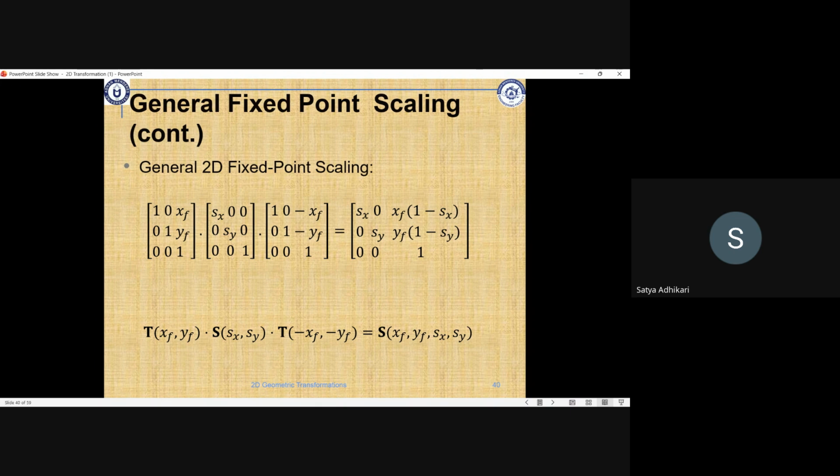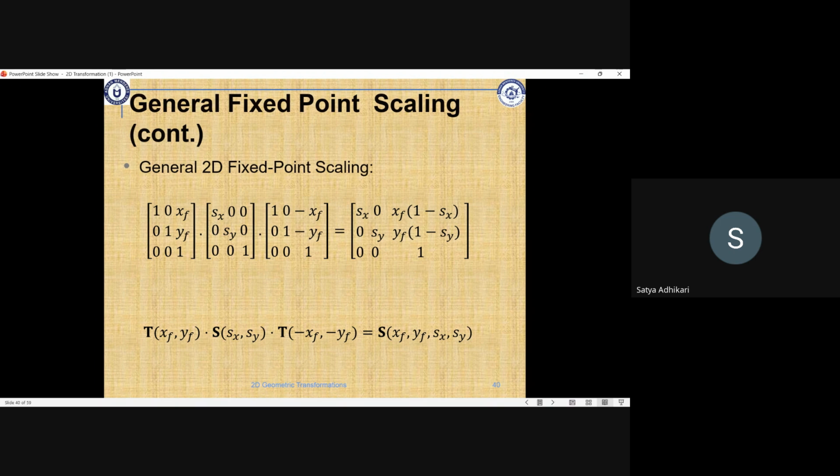So this is the matrix form. First is the translation matrix: you see 1 0 xf, 0 1 yf, 0 0 1. So in place of tx and ty, xf and yf are written as the translation factors. Then we apply the scaling matrix: sx 0 0, 0 sy 0, 0 0 1. The scaling matrix is applied to the object after it is translated to the origin.